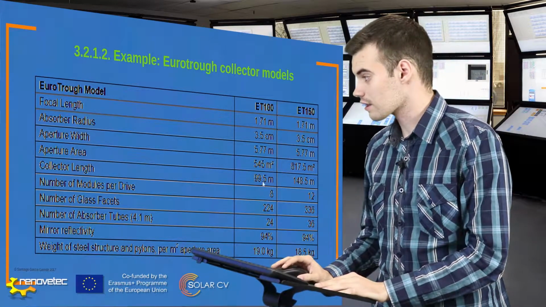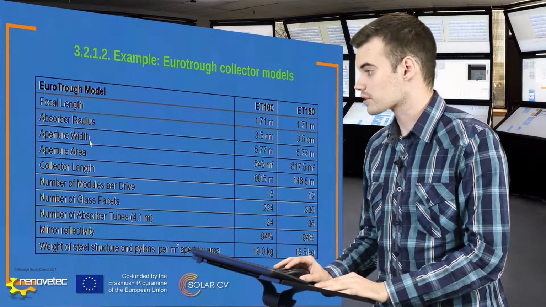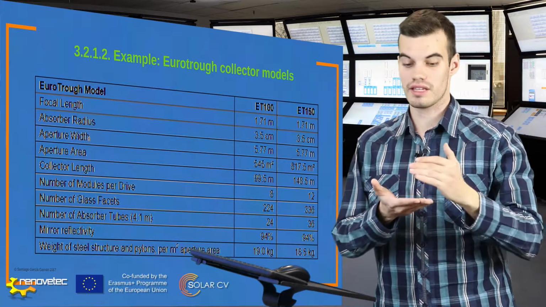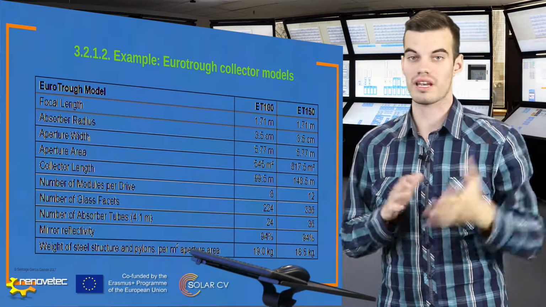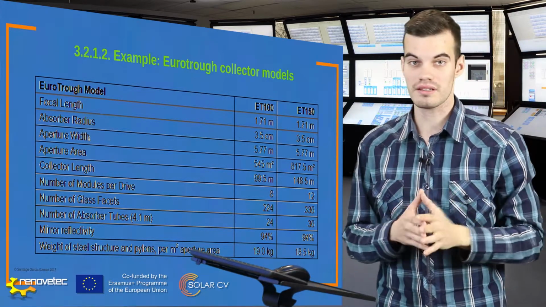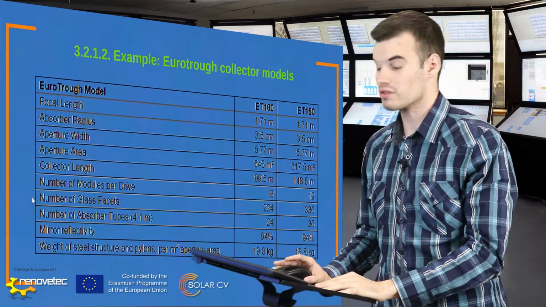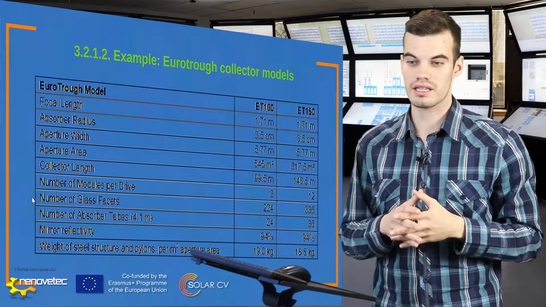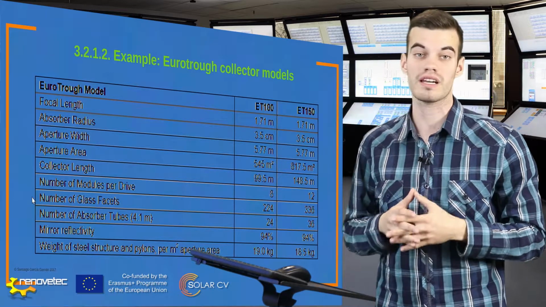The collector length is almost 100 meters, the aperture width is 6 meters, and the height of a collector is going to be more or less 7 meters. And finally, the mirror reflectivity, which is going to depend on the material. This is usually silver, and the reflectivity of the silver is 94%.